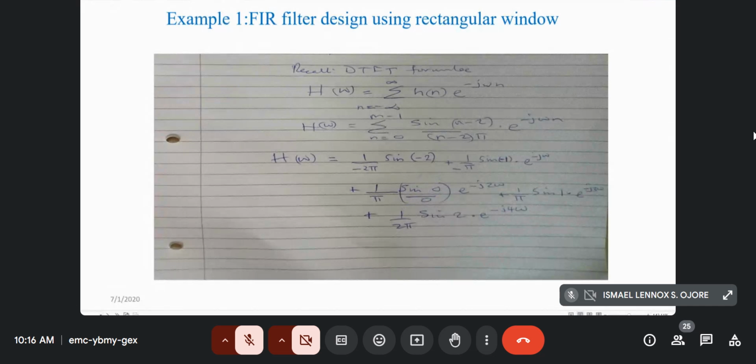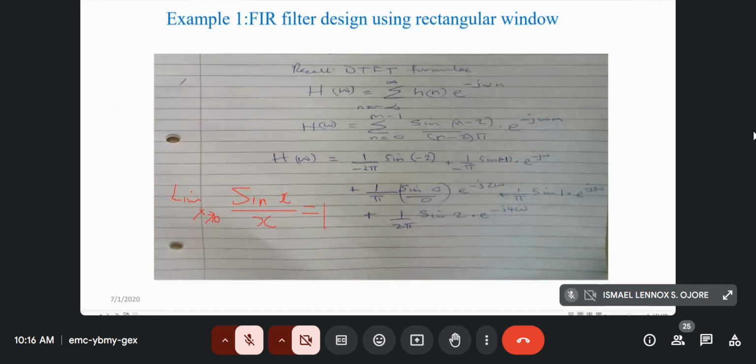So here we normally use the limit of sin x over x as x tends to 0, which becomes 1.